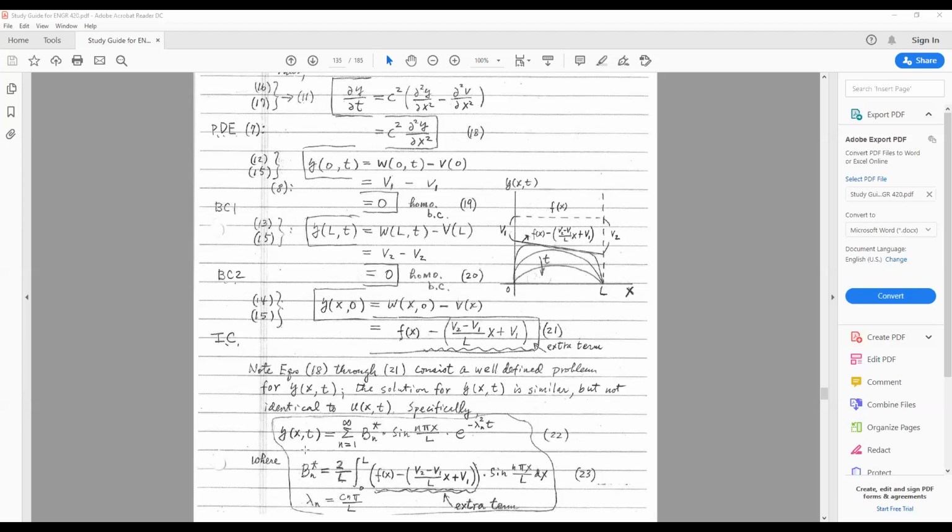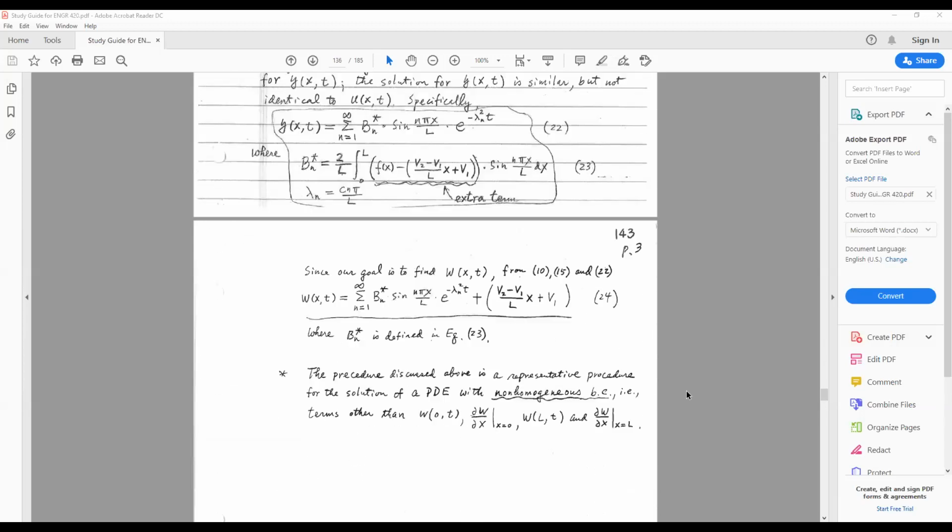This is what we get for Y, same as for U. But the coefficients are going to be different because the initial condition is different, but we can easily get them.